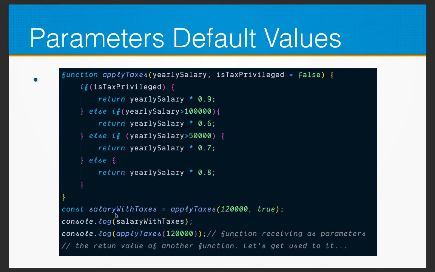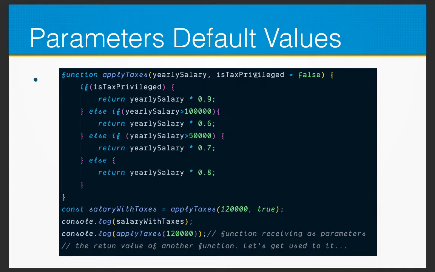Now, I just want you to show a little detail. This is nothing earth-shaking, but a nice thing about JavaScript is that you can have parameters with a default value. So let's say that we have this function applyTaxes, and the inner working of the function depends on this boolean that you passed.